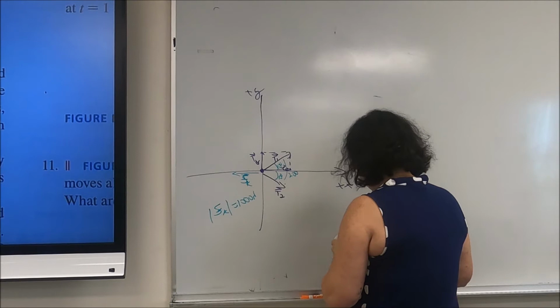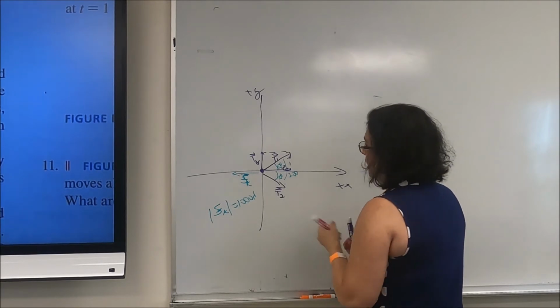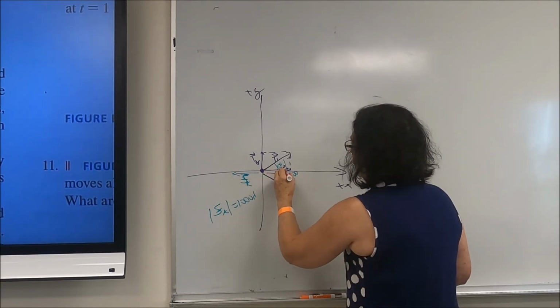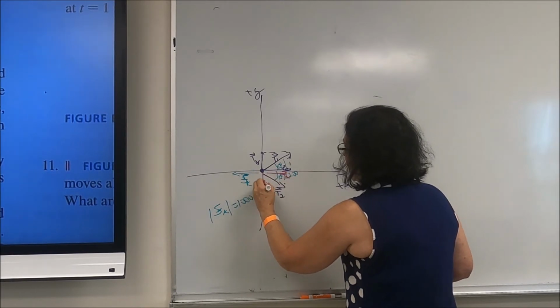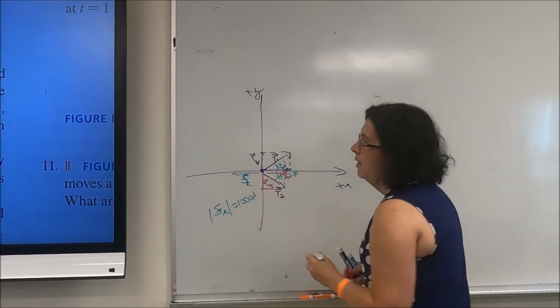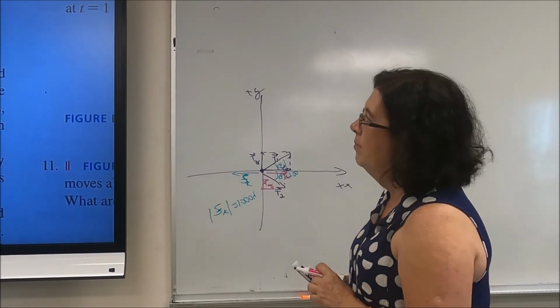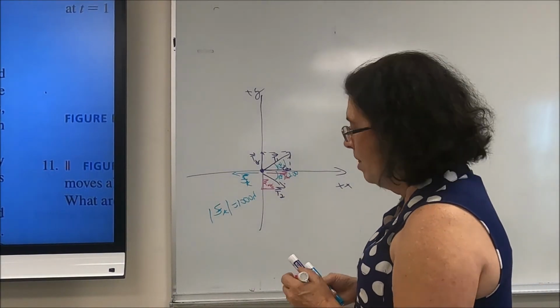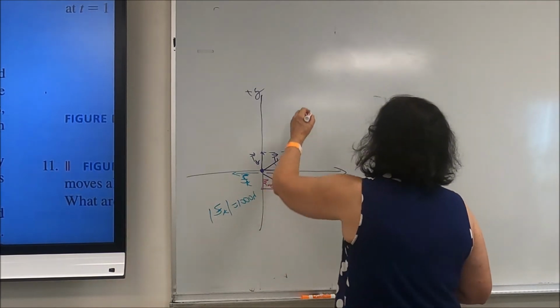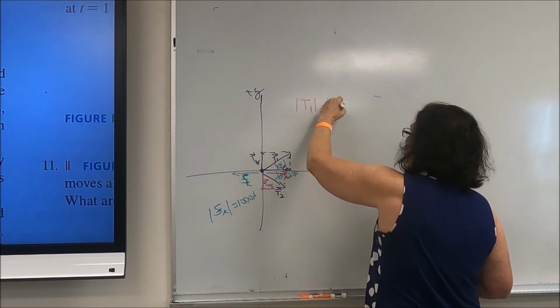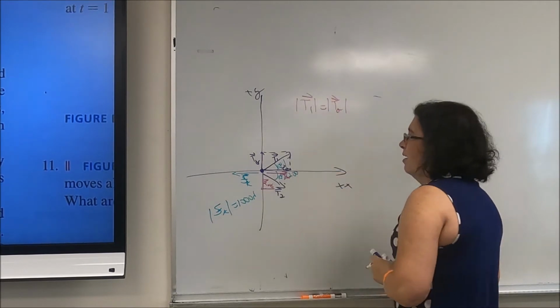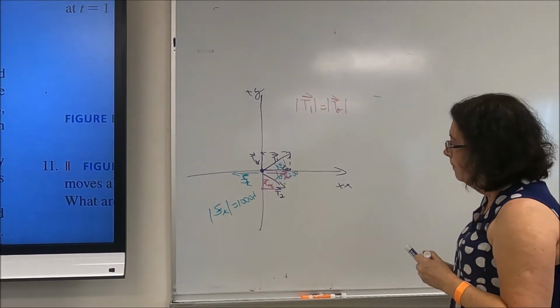And then I've got a T2x and a T2y. Now, if we read the problem, it says the players pull with equal force. So I know that the magnitude of T1 equals the magnitude of T2 because they're pulling with equal force.